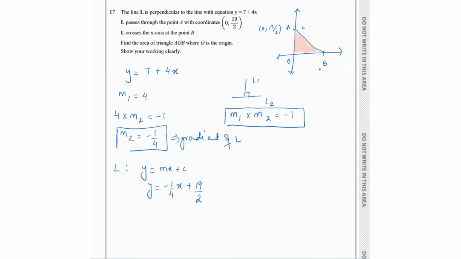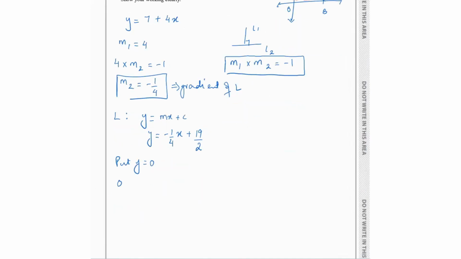B is your x-intercept. To find the coordinates of B, you put y equals 0. So that's 0 equals -1/4 x plus 19/2. Now we're going to move the 19/2 to the other side, so it becomes -19/2.